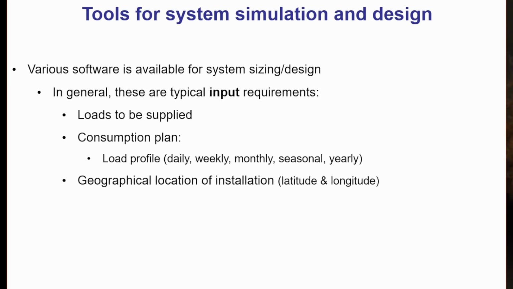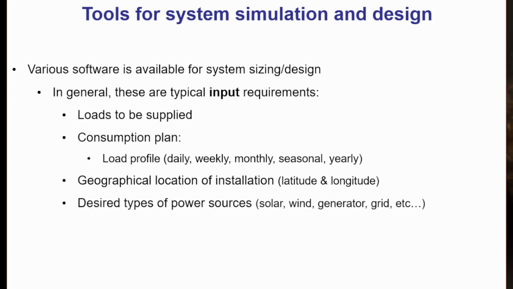You have the geographical location of installation, the latitude and longitude, which you have to give as an input. The desired types of power sources, so a solar, wind generator, a grid, and so on. The desired types of storage, so either battery storage is the easiest one, but it's very hard to apply it for seasonal storage because the required capacities are rather large and the number of cycles are rather low.